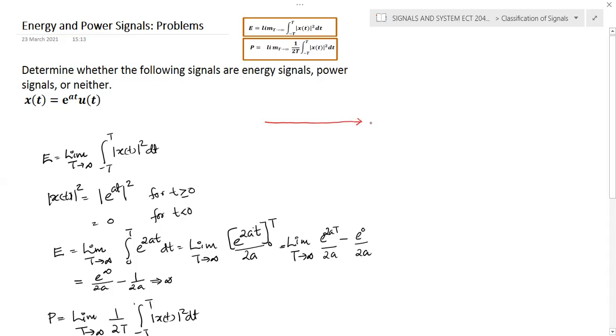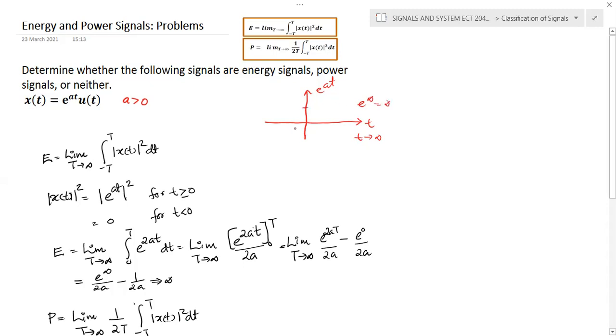So e raised to at means it's an exponential signal. Assume that a is greater than 0. When t is tending to infinity, towards the right side, it becomes e raised to infinity, which is equal to infinity.